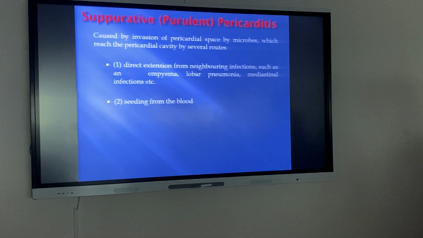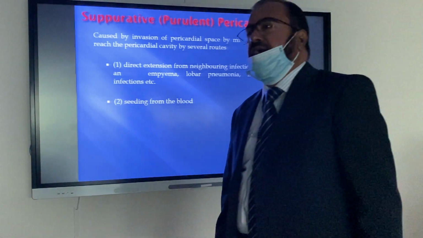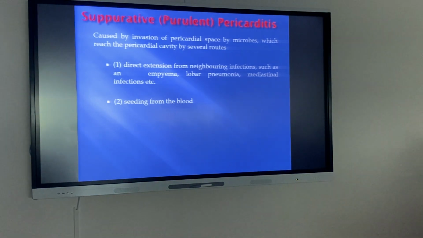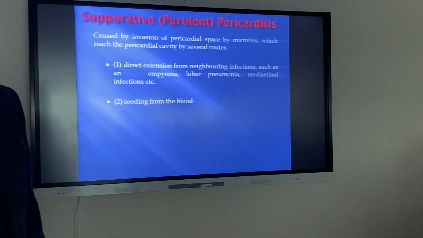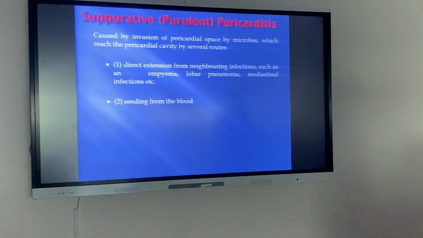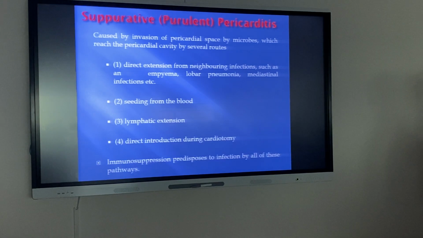If there is only bacteria present in the blood without any signs and symptoms, it is called bacteremia. But if you have signs and symptoms, like now there is a chill, high temperature, right? This is called septicemia. So sepsis has occurred and the patient has a high fever and chills, right? This is the difference. Otherwise, in both cases, there is bacteria.